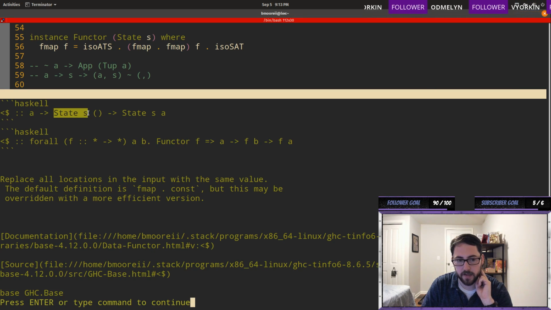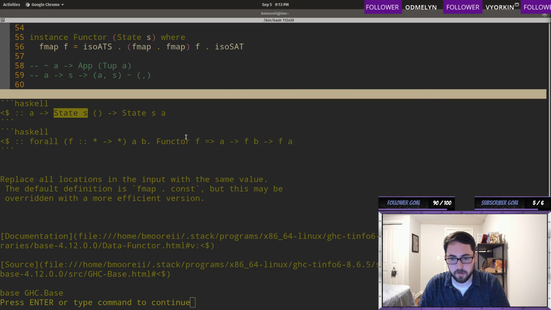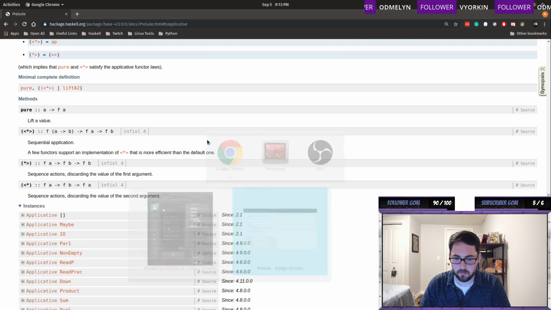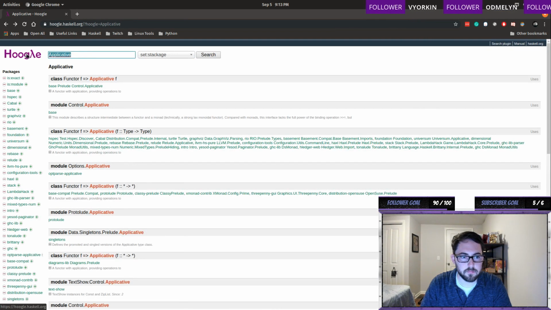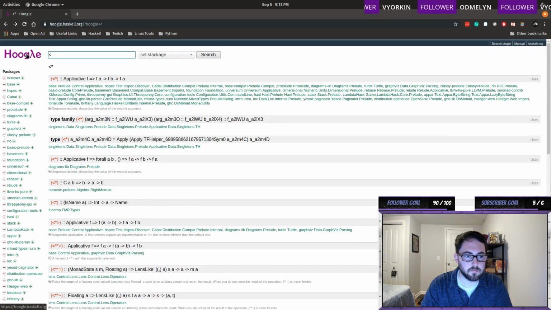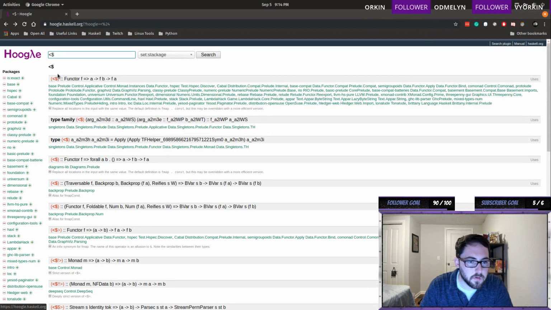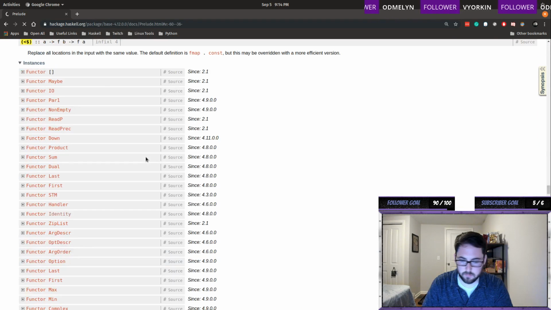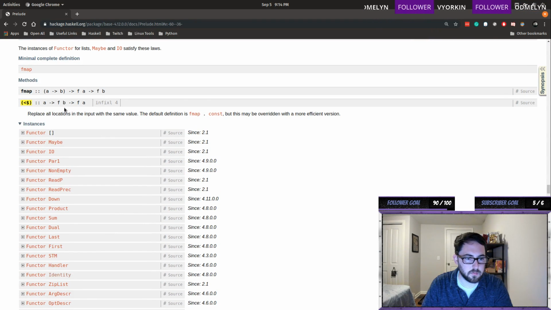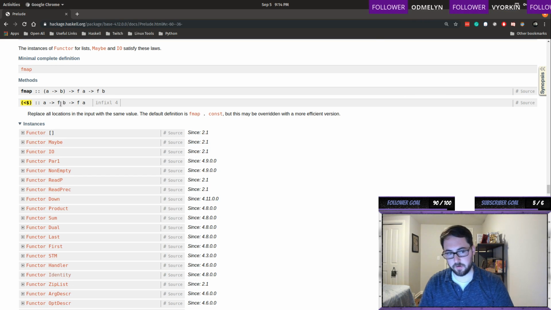I mean, we can just look it up on Google real quick. No, it was a $ sign. Right. It's basically const a f b f a. So it's essentially const in a functorial context.